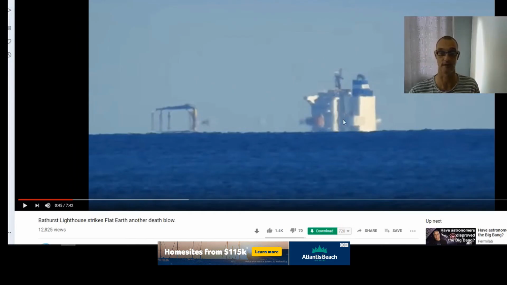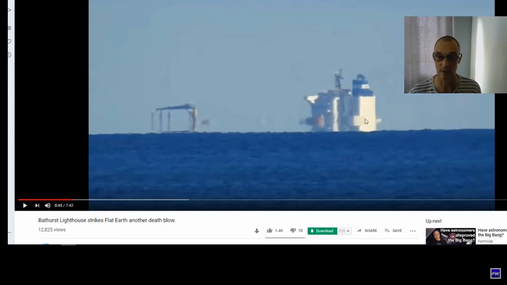What we have here is a ship, and we can't see the bottom of the ship. So this is the usual argument that the bottoms of ships disappear down a curve in front of us. But all you have to do is just look at what's actually happening here. We have this obvious mirroring.